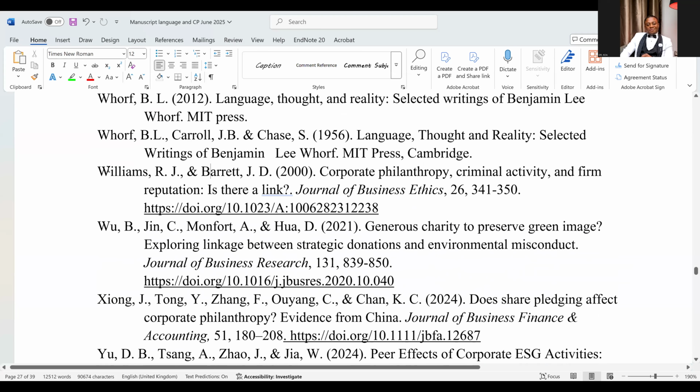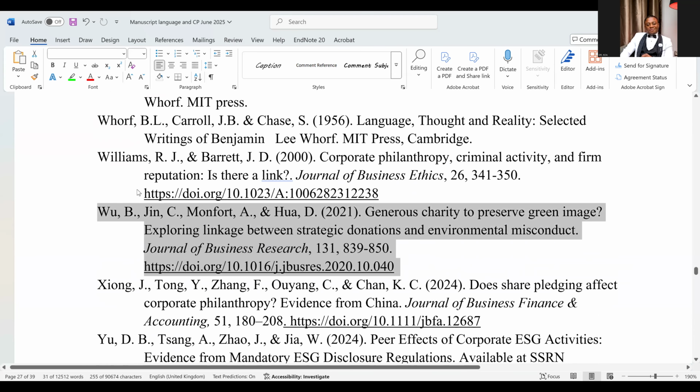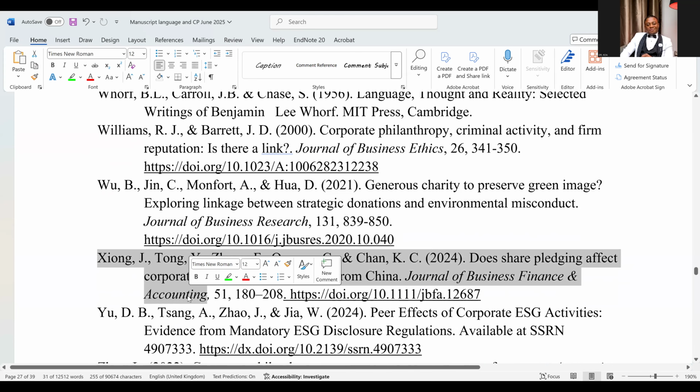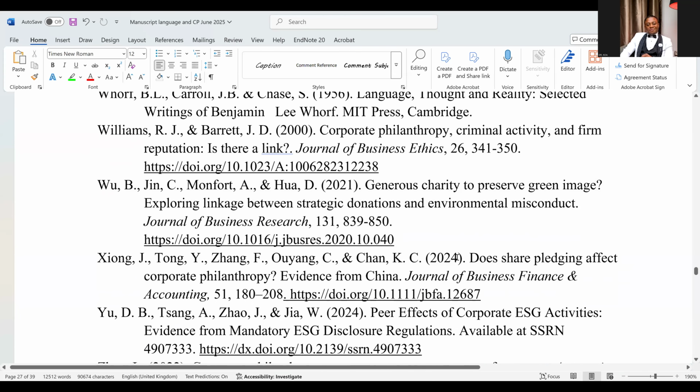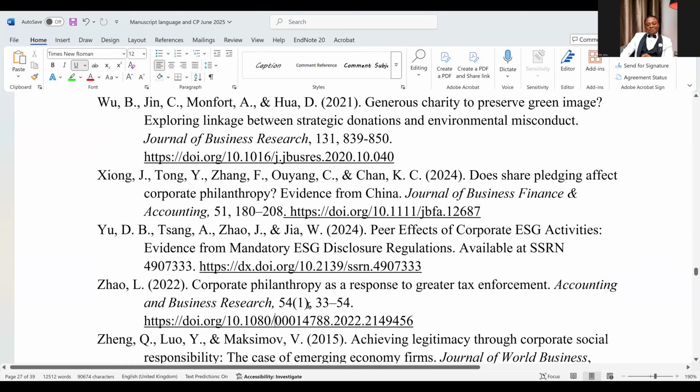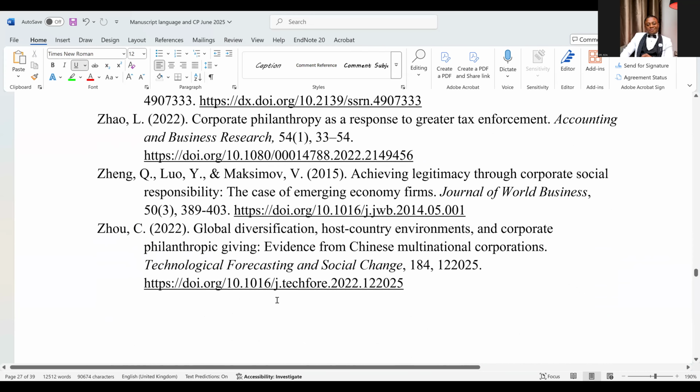You can see that the references have all been indented, because the software we use has indented the second lines nicely. You can see that the author, the year, the title, and the journals have all been nicely italicized. And the DOI numbers are following, all of them nicely, beautiful.